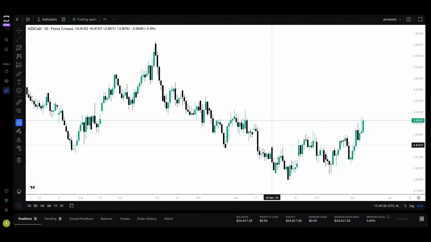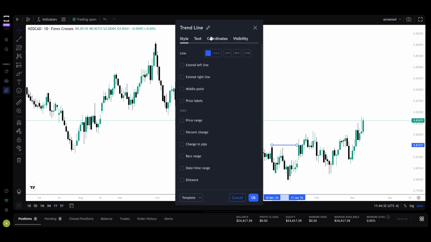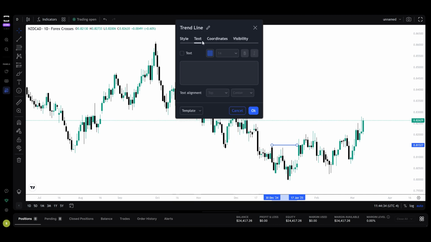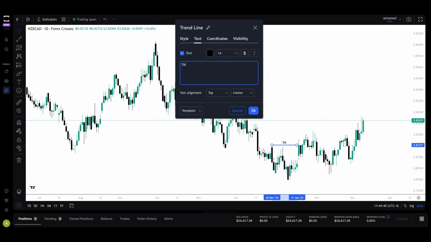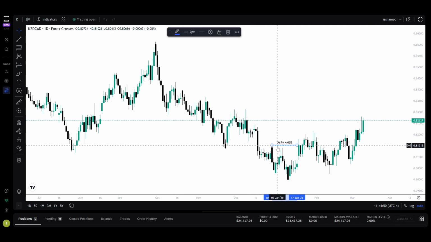And I'll draw out that break here. So there's your daily market structure break. I'm going to put MSB for market structure break.